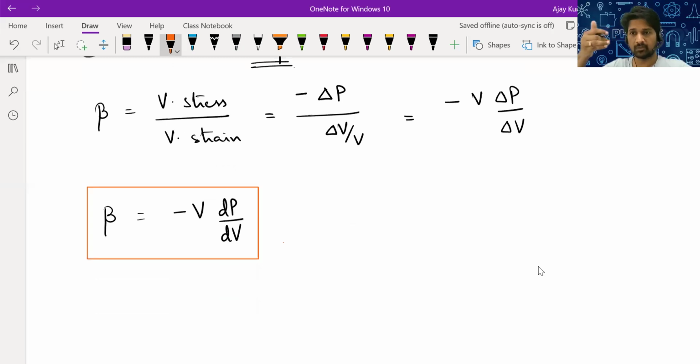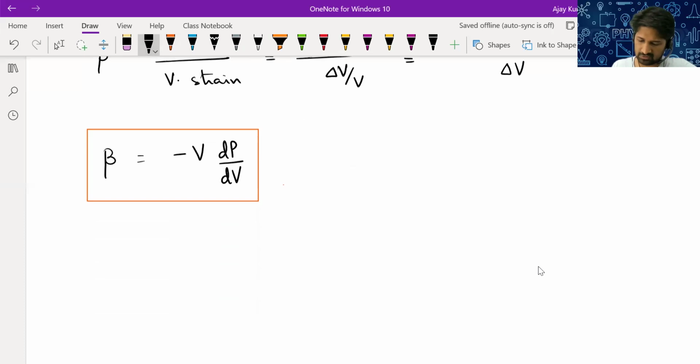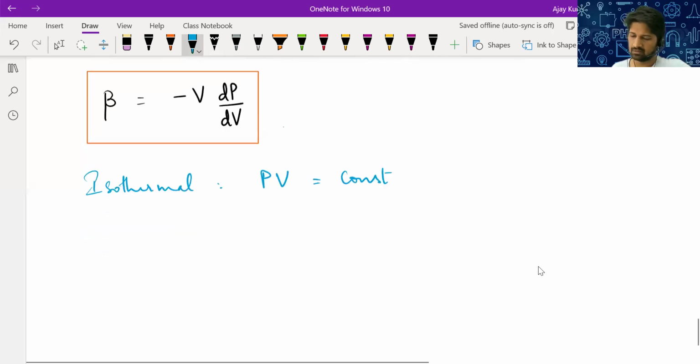Now we need to apply this to an isothermal process. Process specific bulk modulus we want to derive. In an isothermal process, the product PV is constant. Pressure is variable, volume is also variable, but their product is constant.